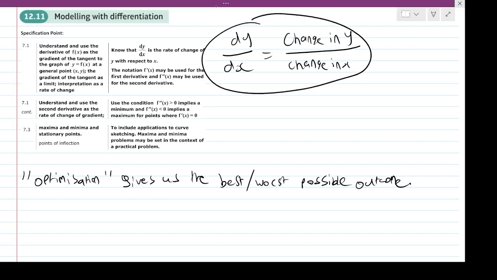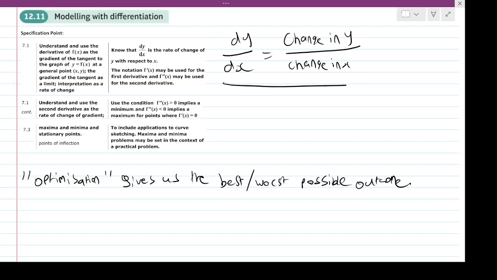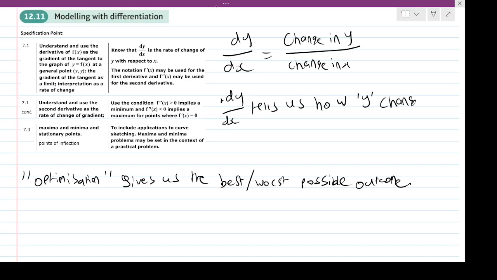The derivative gives me the gradient, which is changing y and changing x. What that means is we can think of it as gradient, but also we could say it's the rate of change. So I can say that dy dx tells us how y changes when x changes.